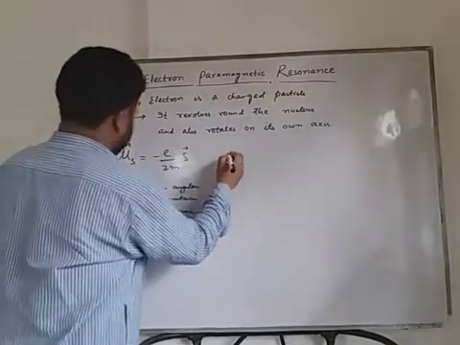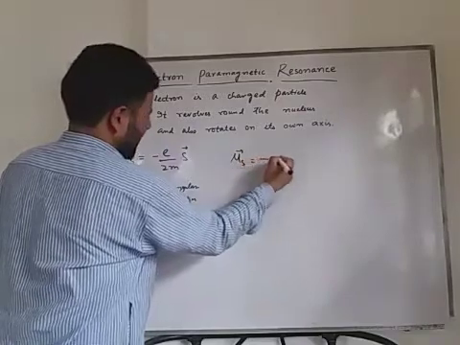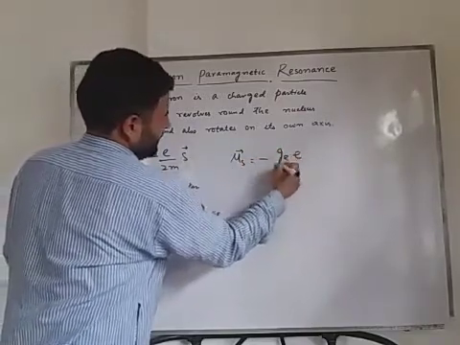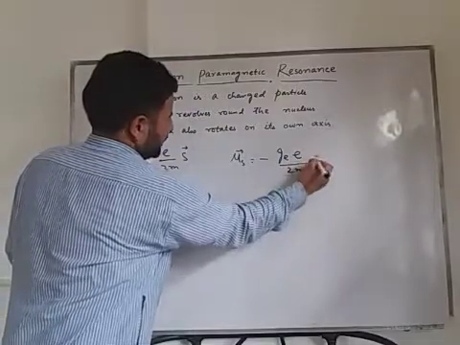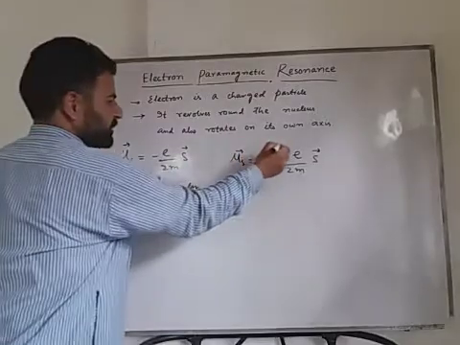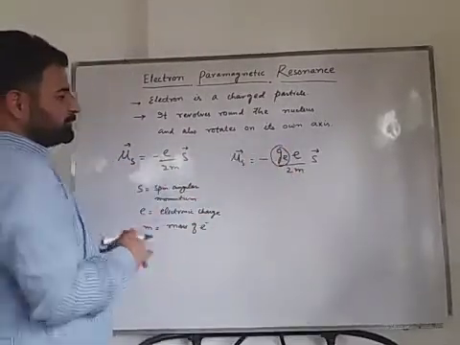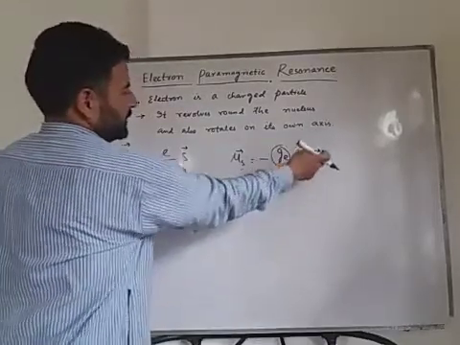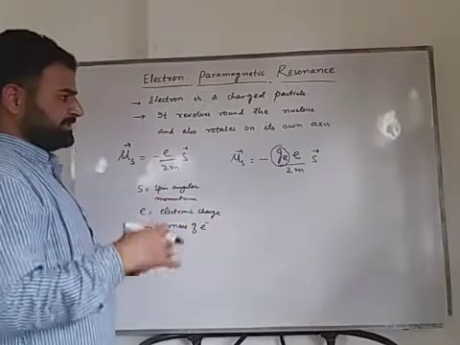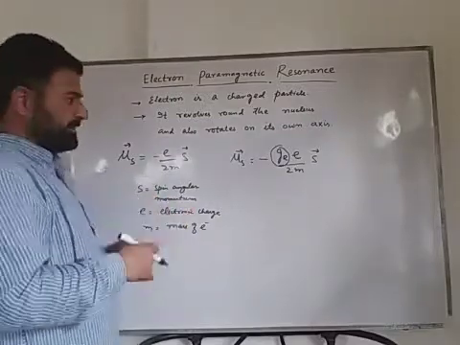So the factor which we add, that is mu s is equal to minus ge e by 2m into s. That means this factor ge we add here for free electron, so that the calculated values from this are exactly equal to what we get in the experimental conditions.